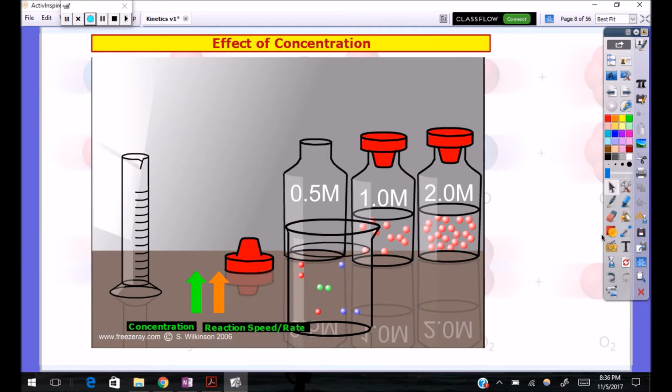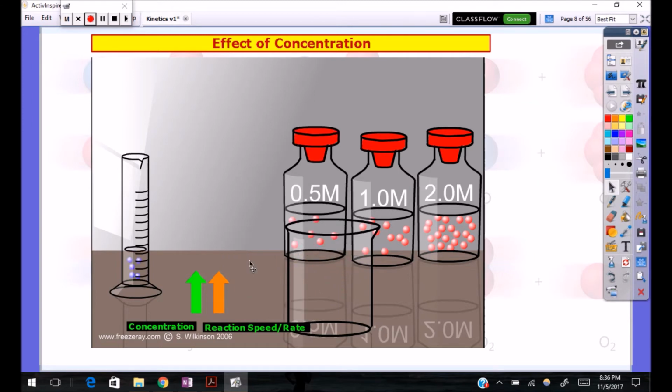Off the bat we have a collision and it turns green, but it's taken a good bit of time for these things to come in contact with each other. Another one turns green. So this is a very low concentration. There are not that many particles in here, and they're not colliding with each other very much at all. Oh, there goes another. So with low concentration, you could expect low collisions, right?